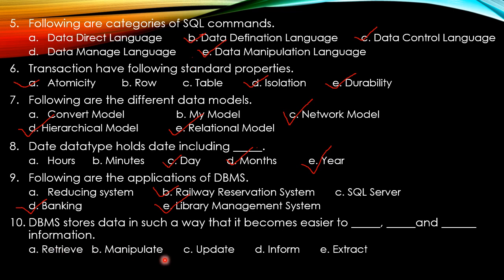So these three are the correct answers: retrieving, manipulating, and updating the data, or we can say information. So these three are the correct options for this question. I hope this is all clear to you.